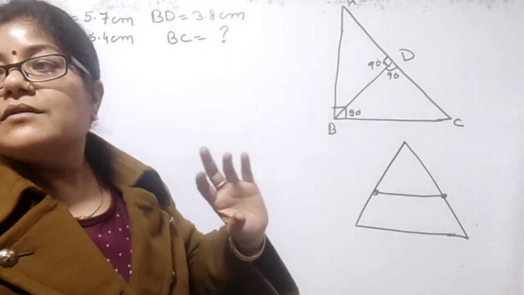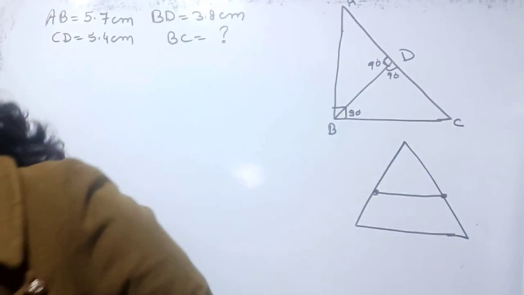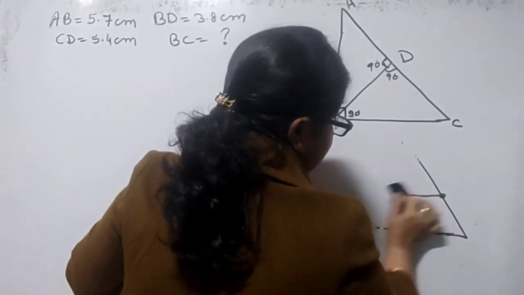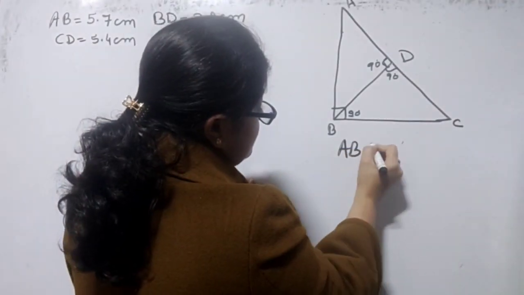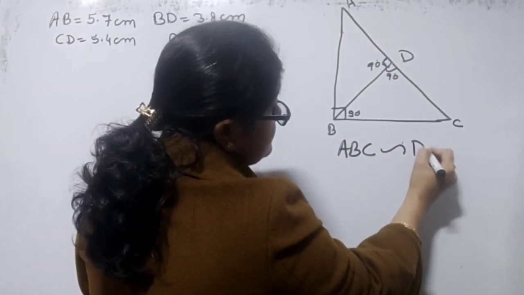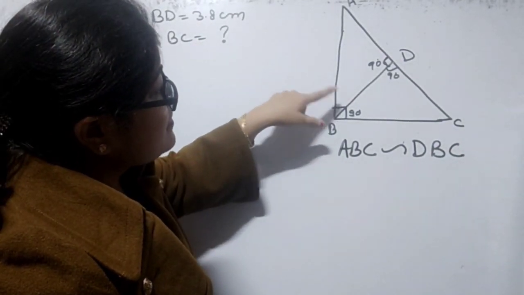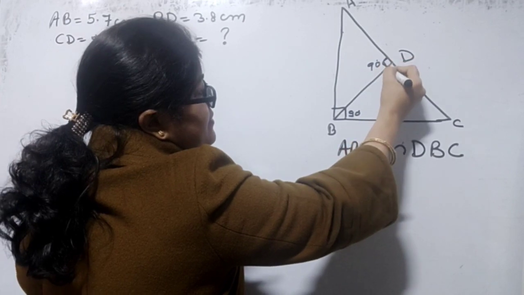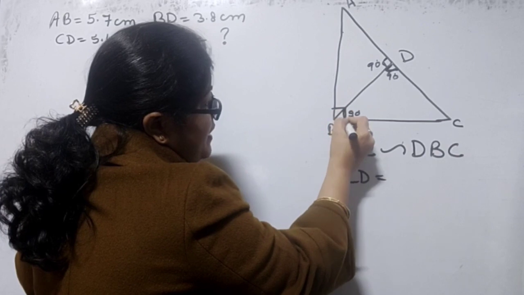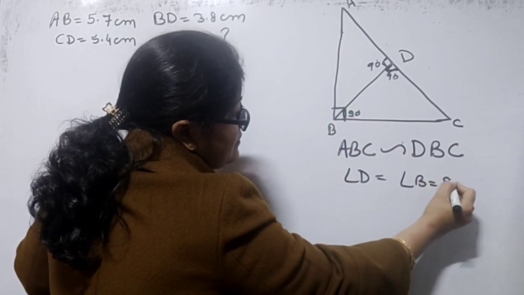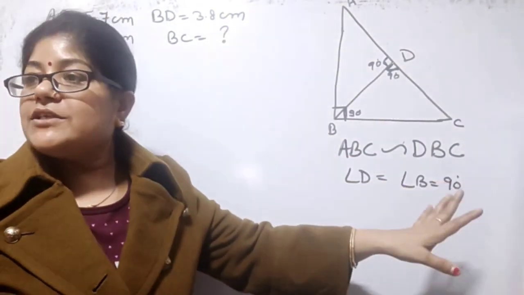If we take the bigger triangle ABC and the second triangle DBC, here we see this angle DBC, here angle D is 90 degree. And in the bigger triangle, angle B is 90 degree. So these two triangles equal each other.